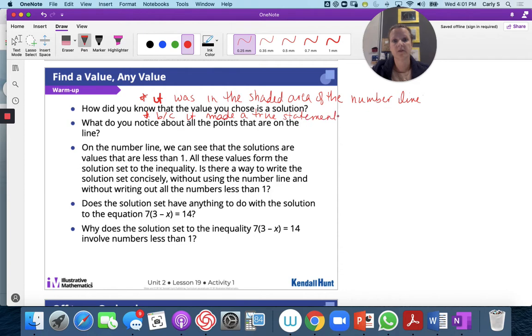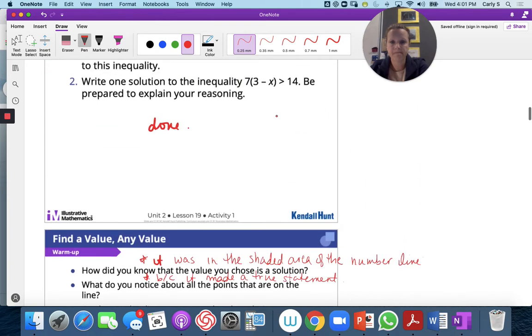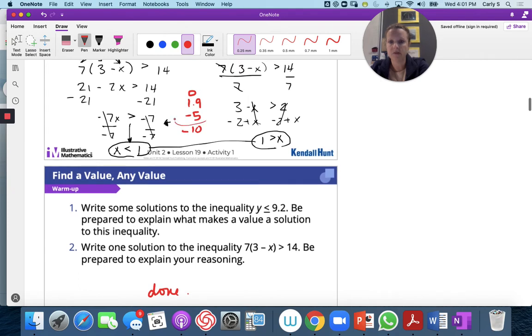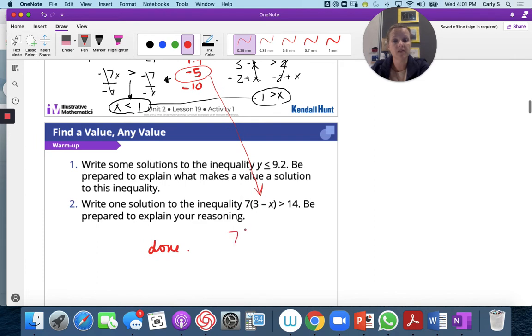Let's go back up. For this one, let's remember that we chose -5. Let's put it into this inequality and make sure it works. 7 times (3 minus -5) greater than 14. Let's see if it's true or not. 3 minus -5 is 8, and 7 times 8 is 56. Is 56 bigger than 14?